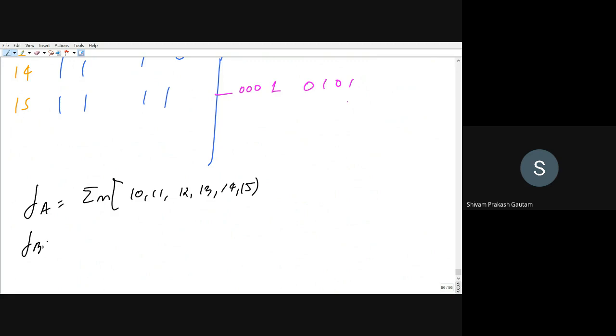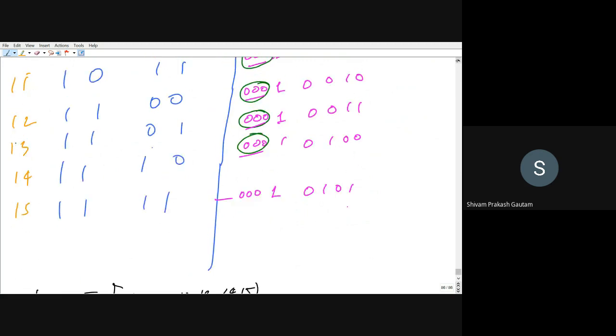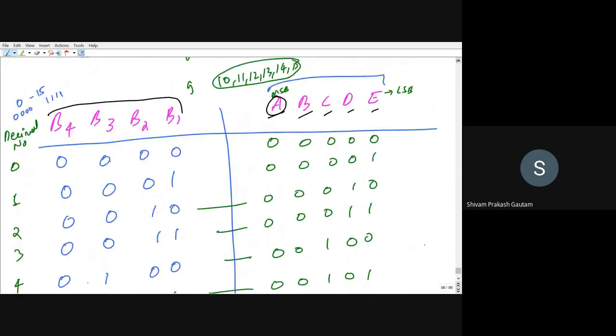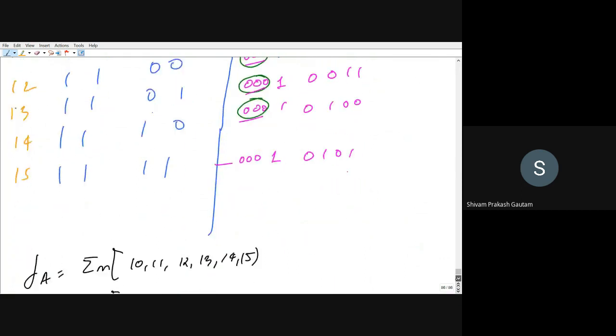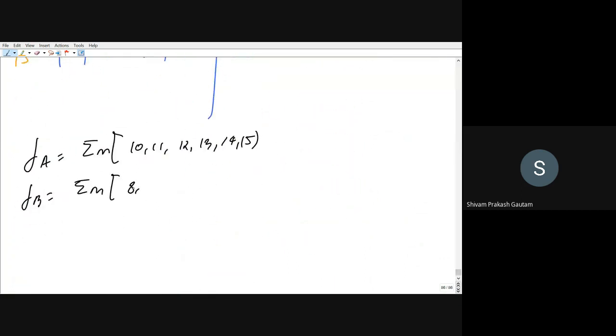Now for B, just see where B is 1. You can see 8 and 9. B is only 1 at the corresponding decimal places 8 and 9, right? In the rest of the places it is 0. So you can write 8 and 9.